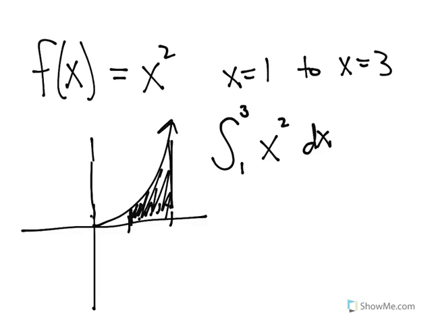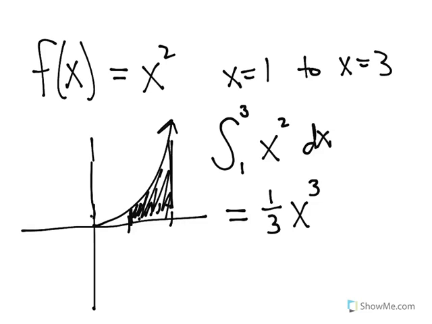So we should be able to look at this and say, can I take the antiderivative of x squared? Well, that's a power rule, so think about going back up in the other order. This would be an x to the third power, going back up the power rule. But then remember, you need a number down in front that's going to cancel out the 3 that drops down from the power rule, so you need a 1/3 there.